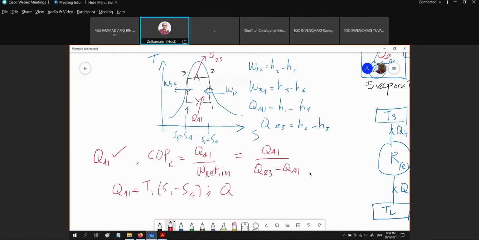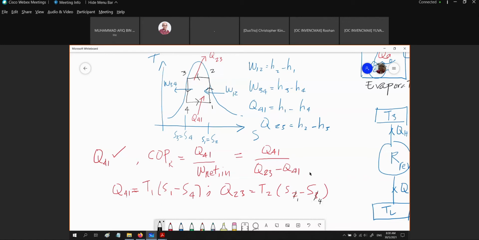And also Q23 could be written as T2 times (S2 minus S3). And we know that in this case, S2 is equal to S1 and also S3 is equal to S4.